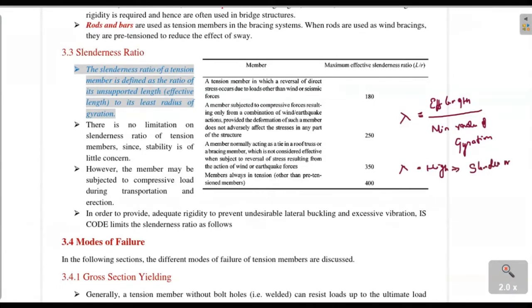Slender member. So, what is the problem with a slender member? Generally, slender members tend to bend easily, isn't it right? But in case of tension members and compression members, and more particularly in compression members, this is a compression member which is subjected to compressive forces. Let me draw this figure here.